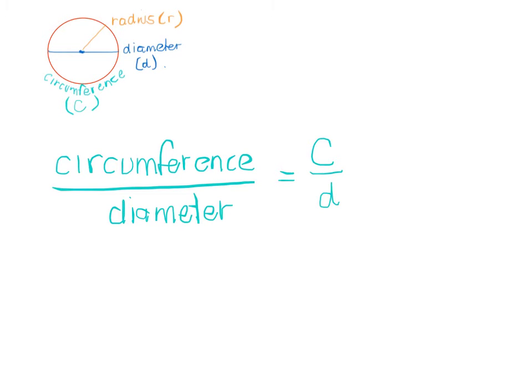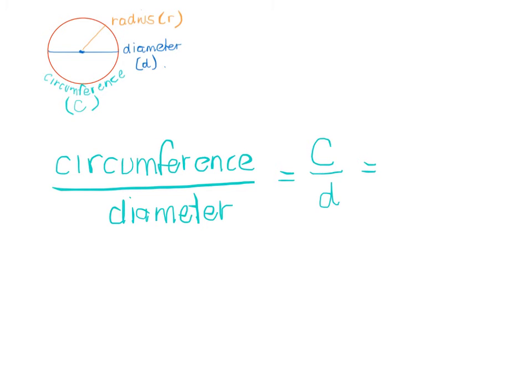It doesn't matter which circle I happen to measure, whether it be the top of a drinking glass, the circumference of a beach ball, or something like a bike tyre. Circumference to diameter ratio is always constant.